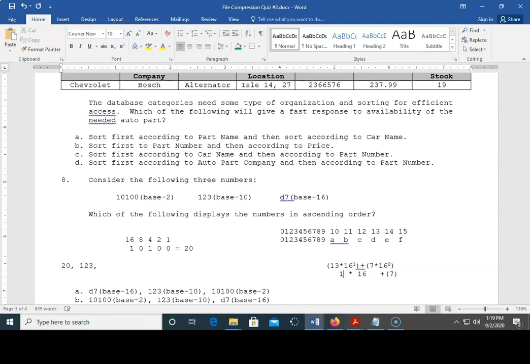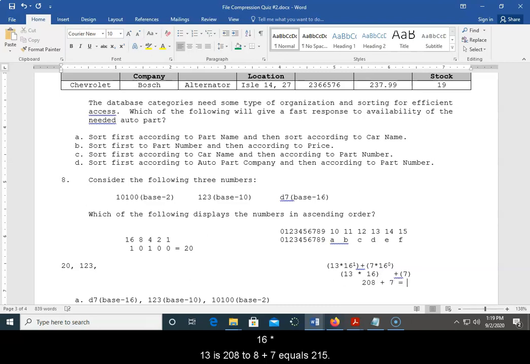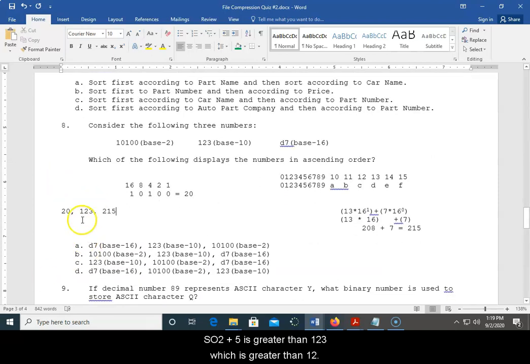So 16 times 13. 16 times 13 is 208. 208 plus 7 equals 215. So 215 is greater than 123, which is greater than 20. So your answer is what? This one, then this one, and then this one. So your answer for 8 is B.